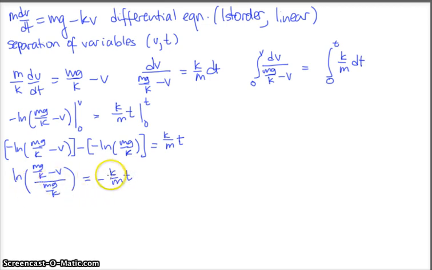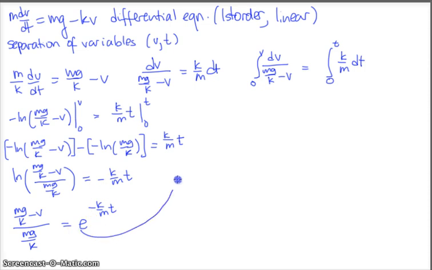Now I have the log of something equals something else, and to get rid of the log function, you basically take e to both sides of the equation, because e to the log of x equals x. So on this side, it's mg over k minus v over mg over k equals e to the negative k over m times t. Simplifying even more, mg over k minus v is mg over k times e to the negative k over m times t.